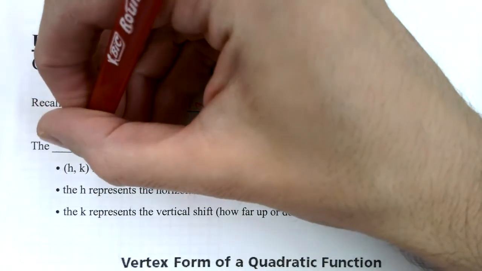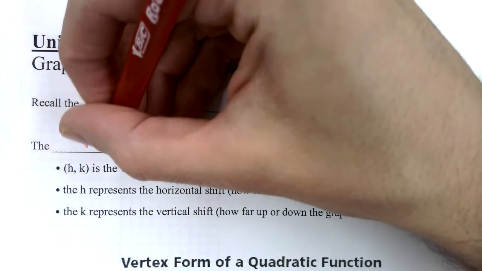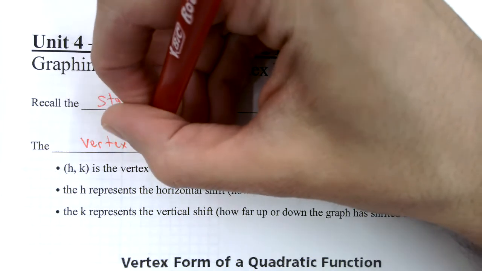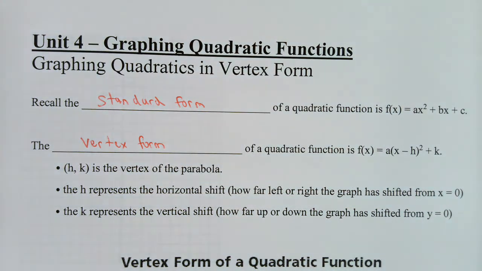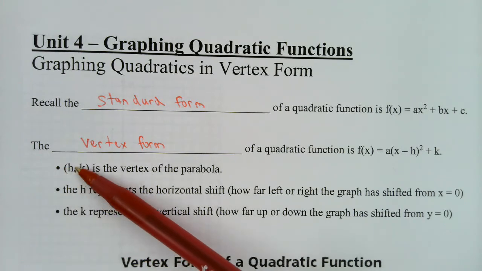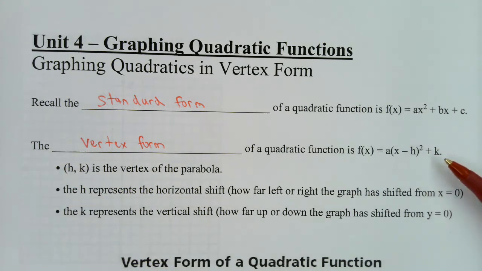So the vertex form of a quadratic function is f of x equals a times (x minus h) squared plus k. Now, h comma k represents the vertex of the parabola.